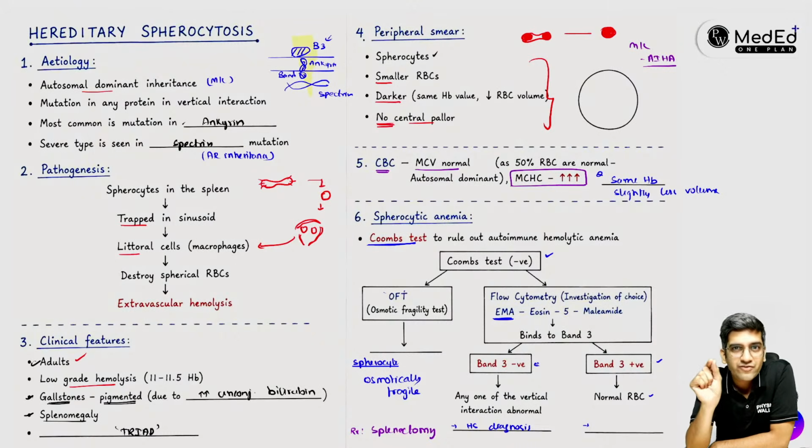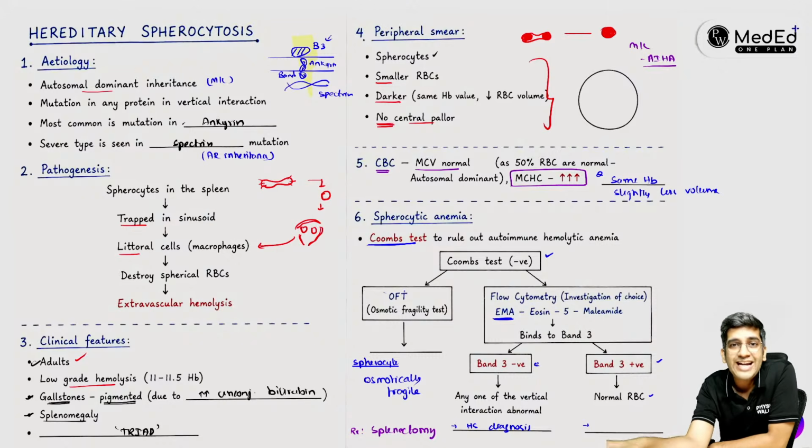If G6PD is deficient, which biochemical pathway in the RBC will be affected? Is it the glycolytic pathway, or some other pathway? If G6PD is absent, the hexose monophosphate pathway will not be proper. If the hexose monophosphate pathway is not proper, what will we lose? ATP, ADP, GDP, NADP, NADPH? We lose NADPH.